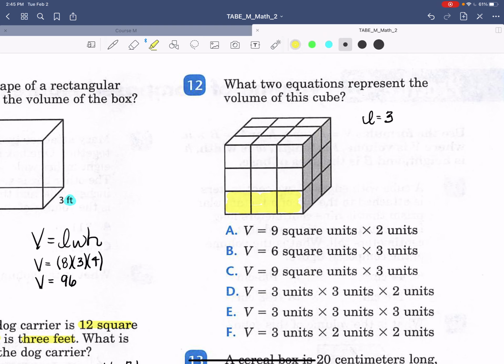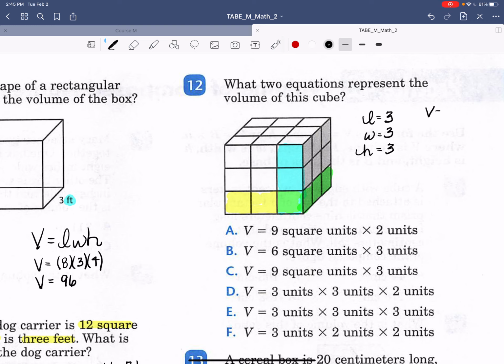The width is 3. And the height, if it's a cube, and it is, 3. Think of the sugar cubes stacked up there. So height is also 3.